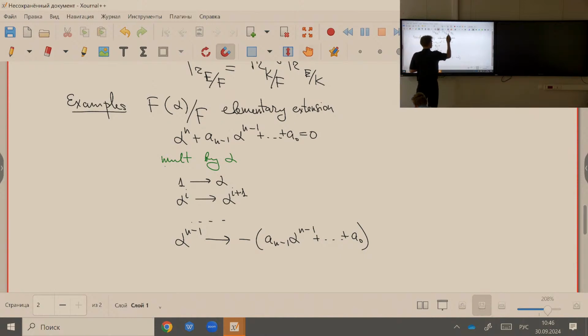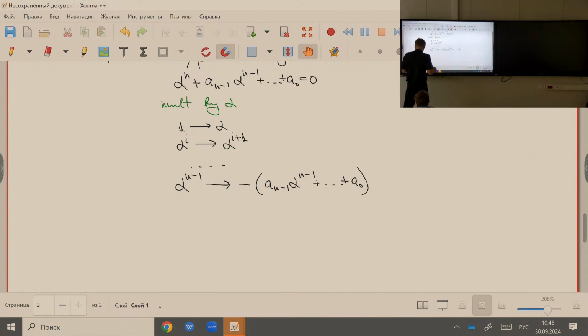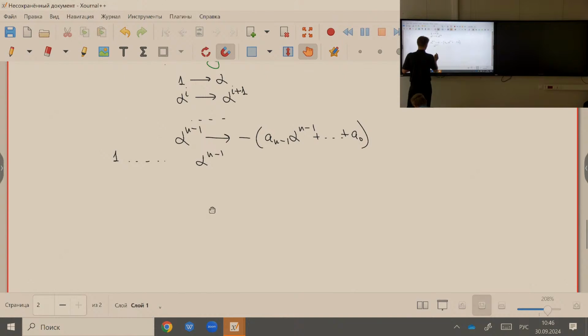So if you want to calculate the full trace, let me write down the matrix. Let me write down the basis, up to alpha^(n-1).